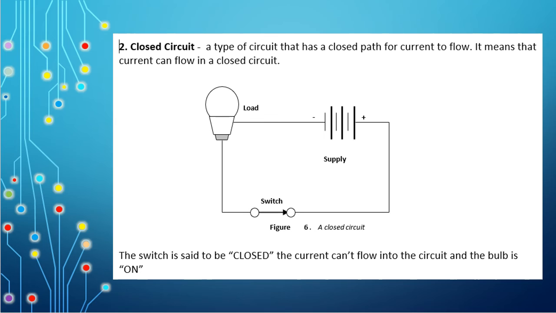So when it is a closed circuit, our light is on. And then for open circuit, our light is off, there is no light. So that is open circuit, and then the closed circuit.